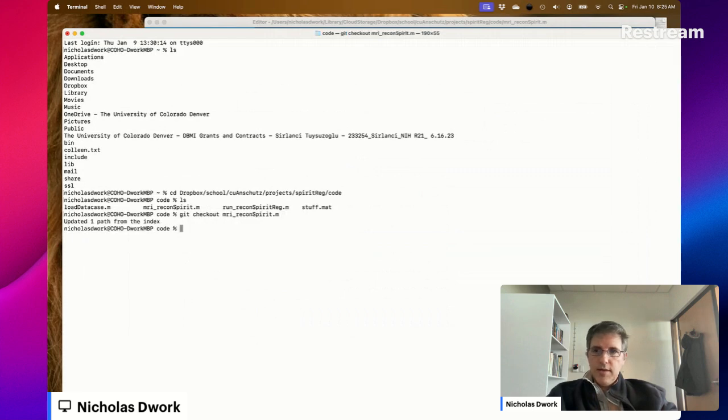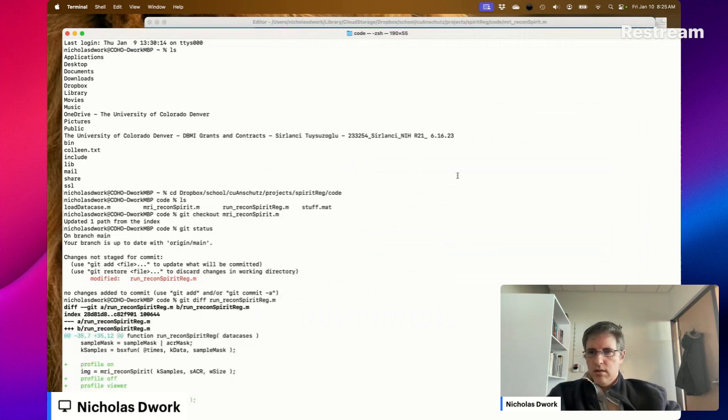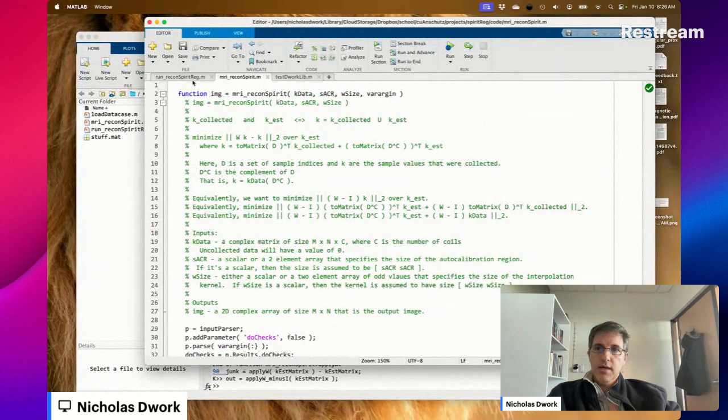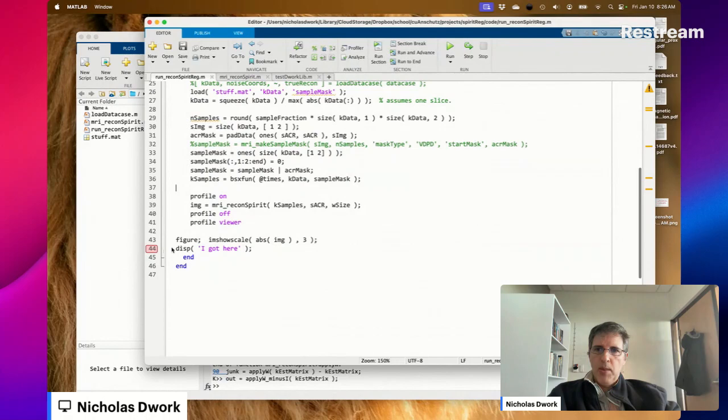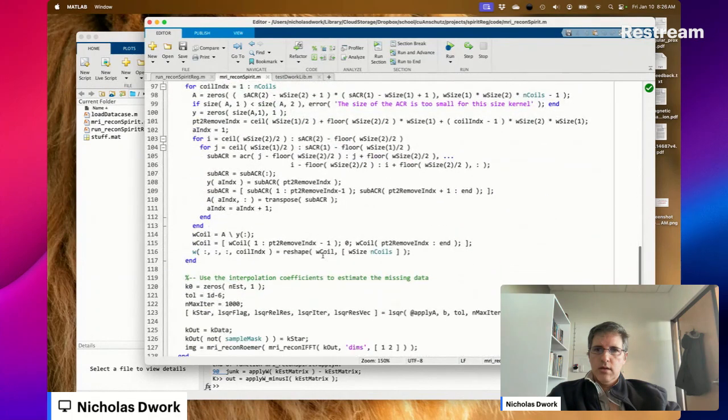I'm just resetting everything. Okay, not everything. I'm resetting recon spirit. Got a breakpoint here. If I change that to a -1 for any single coil, it's certainly the case that, I mean, that should be it.